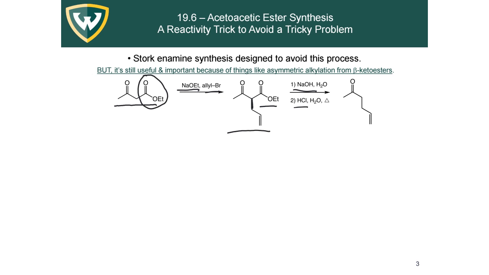But then importantly, it can be removed to give the same product we might think about making using enolate reactions. Say in this case, we could think about enolate reaction of acetone and allyl bromide using some sort of base like sodium ethoxide.